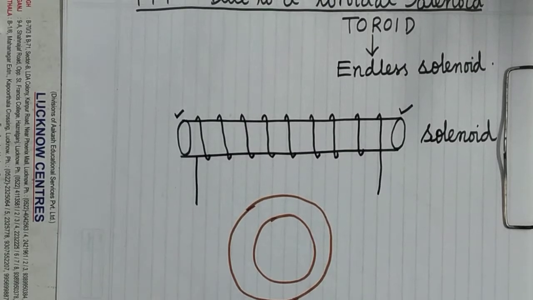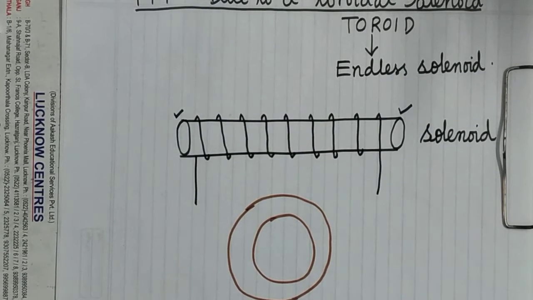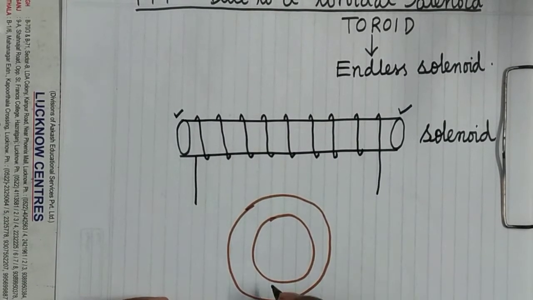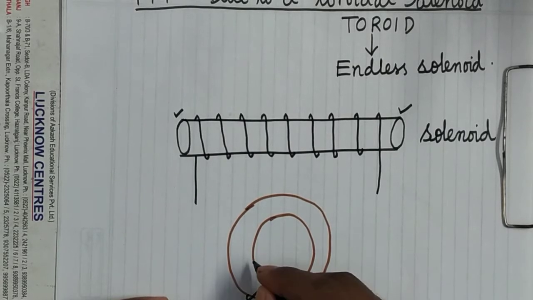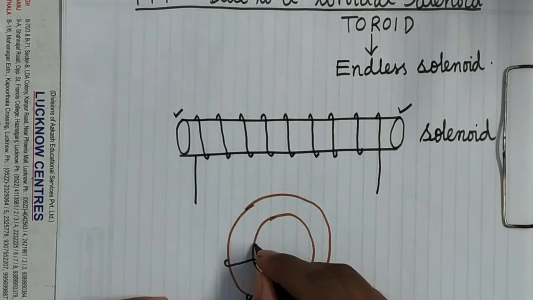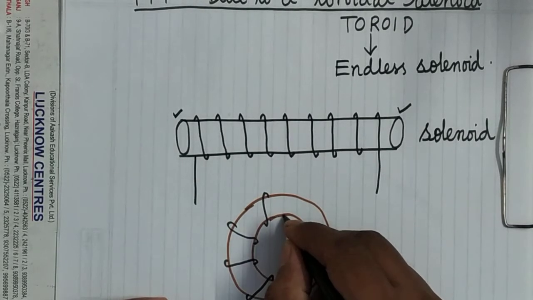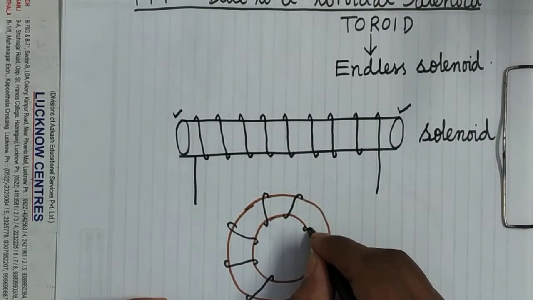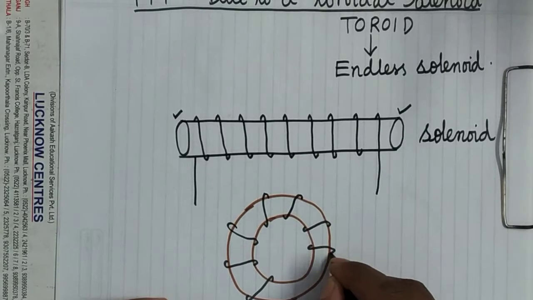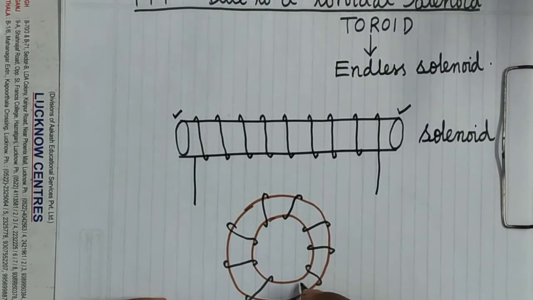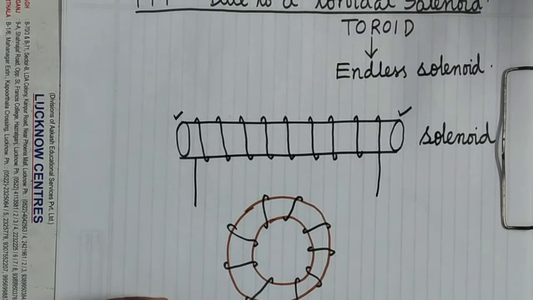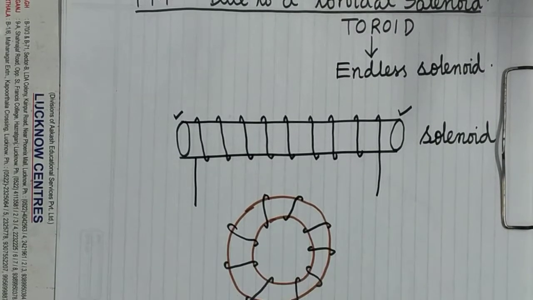Here I am showing the turnings. These will be the turnings. This is known as a toroidal solenoid.